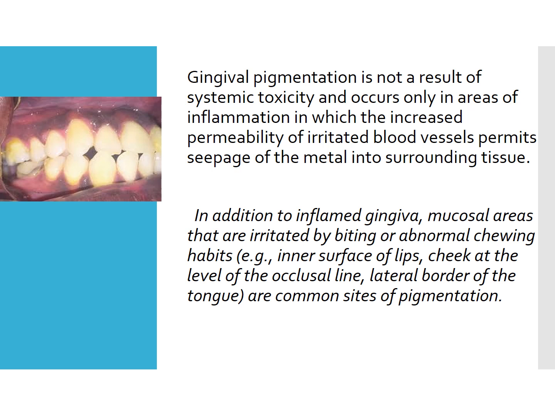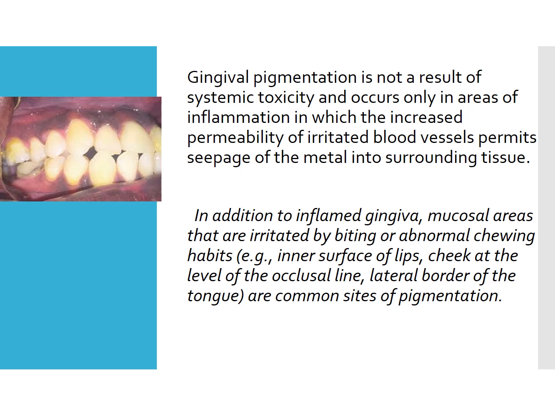In addition to inflamed gingiva, mucosal areas that are irritated by biting or abnormal chewing can also take up this pigmentation. Usually it happens in areas of the lips, cheek, and the lateral border of the tongue. So that's about the metallic pigmentation.